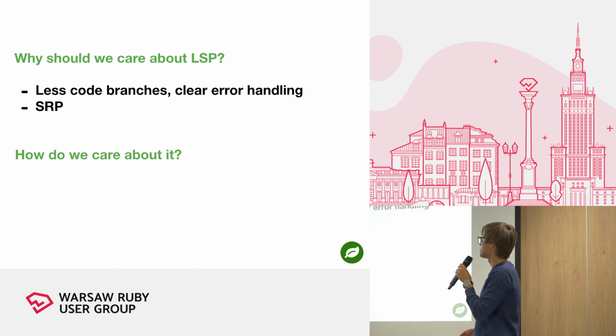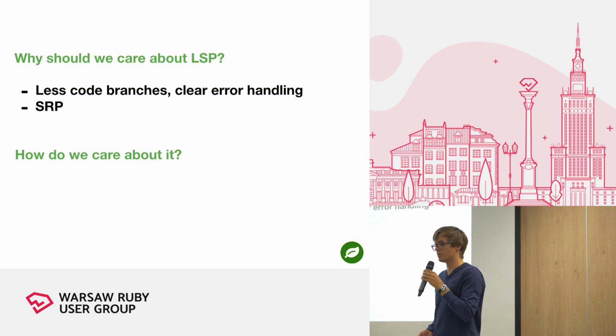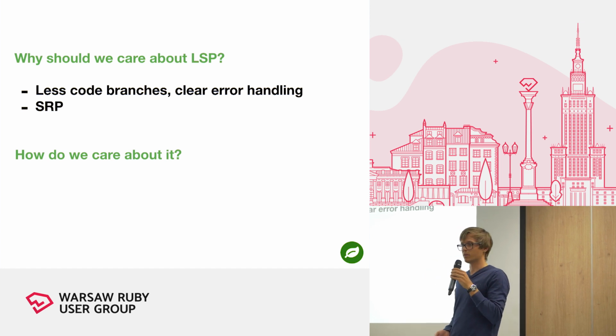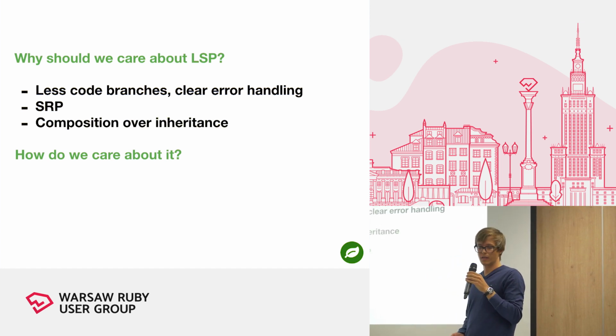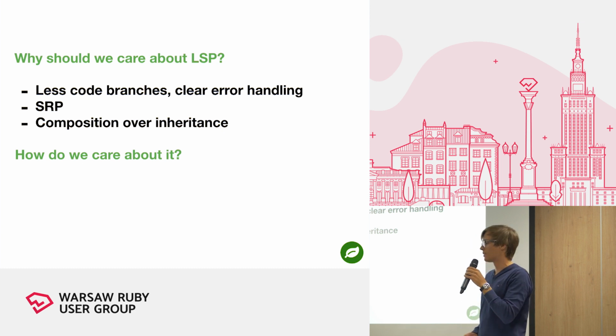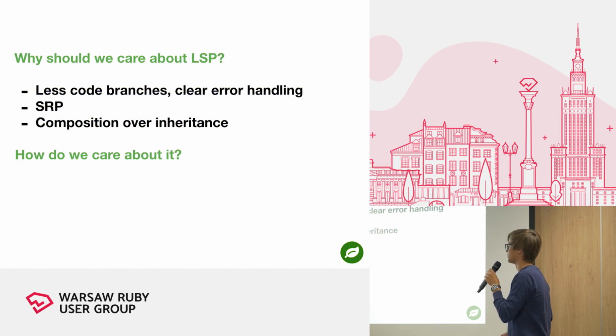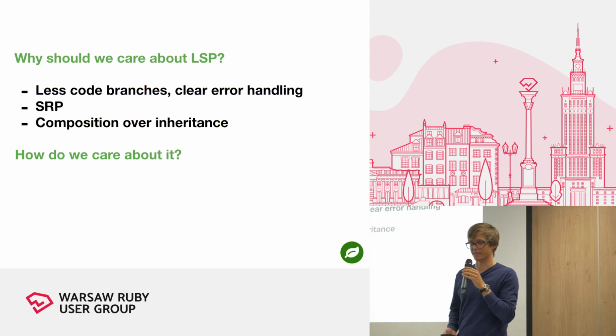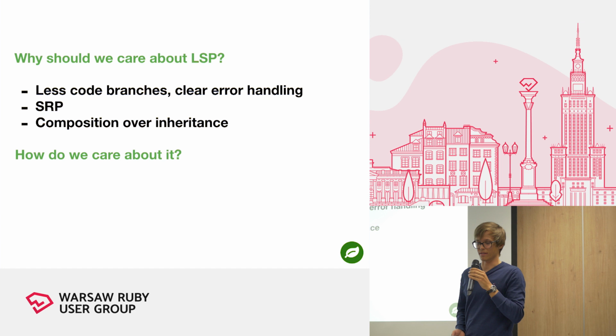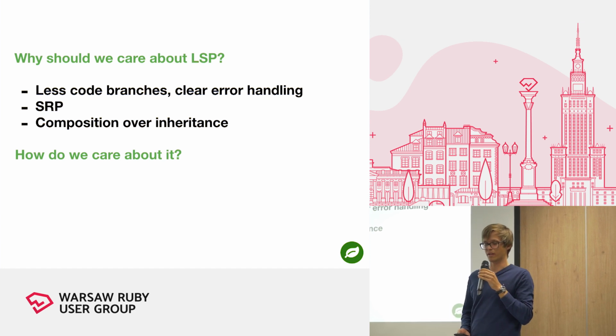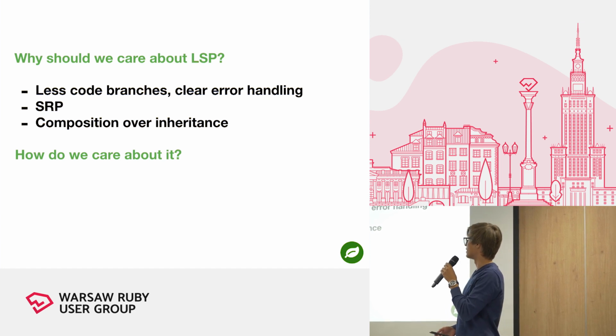It fosters the single responsibility principle, because we have to think about how to structure the object hierarchies, and also fosters composition over inheritance, because when we think about using STI in Rails, most of the time we just squeeze the data in a single table, but actually all the models do different things. And it's actually better to maybe try to do it some other way.